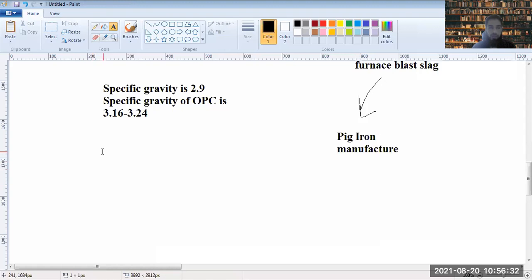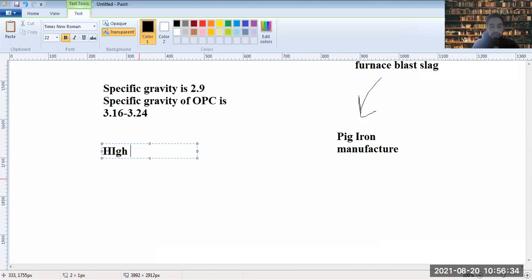So if you are using a high quantity of GGBS added with the OPC, with the Portland cement, that would lead to low heat cement.